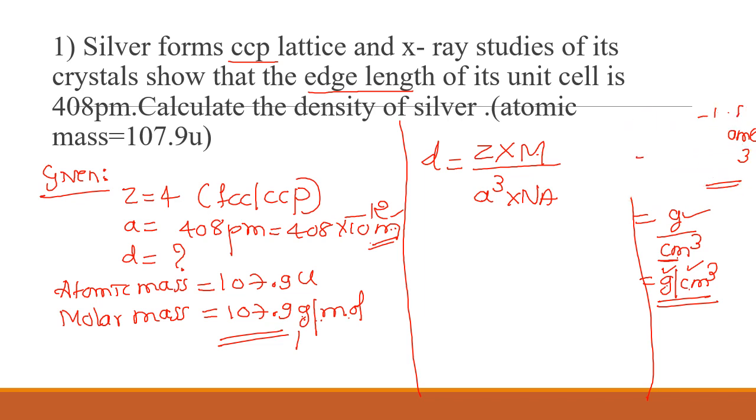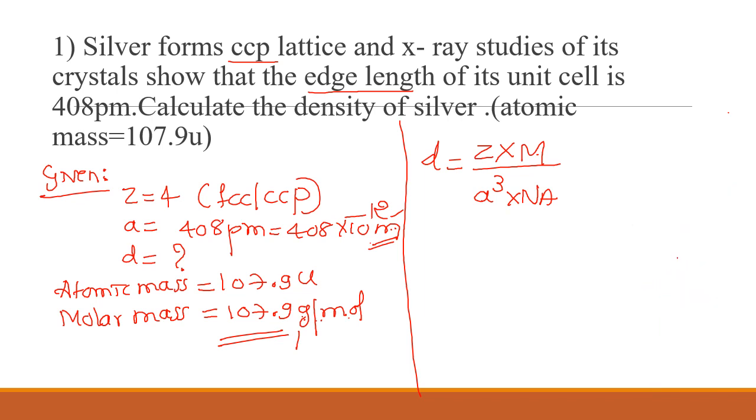Now we know that 1 meter is equal to 100 centimeter, isn't it? See, 1 meter is equal to 100 centimeter. I'll write 10 to the power 2 centimeter. So edge length, it is in meters, so we need to convert it to centimeters. 408 into 10 to the power minus 12 meter.